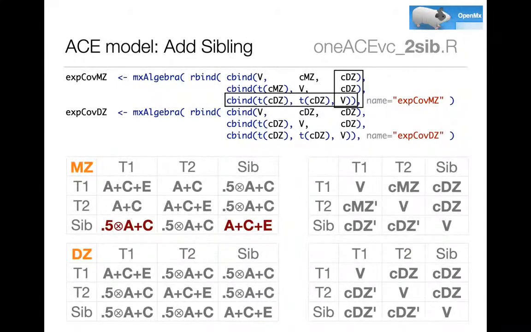Also, the expected variance for siblings is the same as that of both MZ and DZ twins. So we've now just simply extended our 2/2 covariance matrix into a 3/3 covariance matrix, allowing us to also use the extra information from siblings to get more precise estimates of A, C, and E.